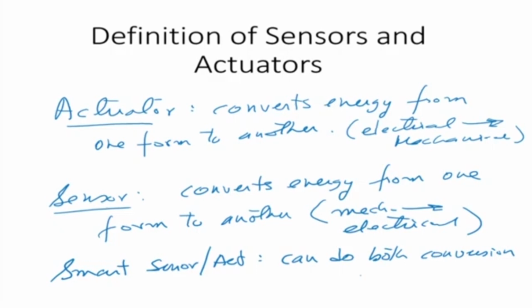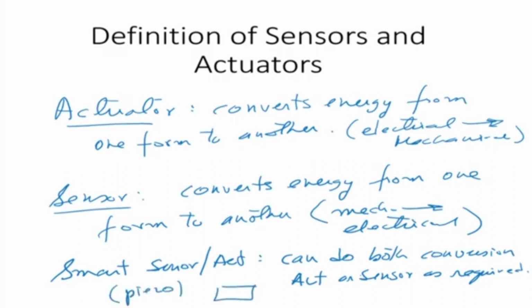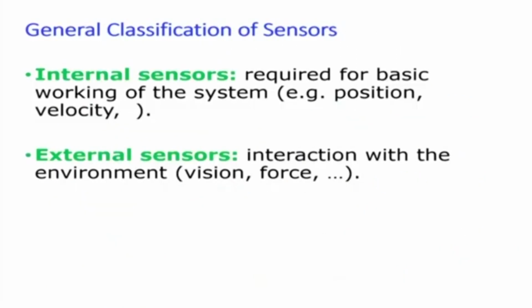It means that it can behave like an actuator or sensor as required, depending on what you want them to do. An example is a piezo crystal, a piezo actuator. In a piezo, if you give it charge, it will produce mechanical displacement, and if you give it mechanical pressure, it will produce charge. So it's going both ways. These are called smart. So these are very general definitions which cover all kinds of sensors and actuators.